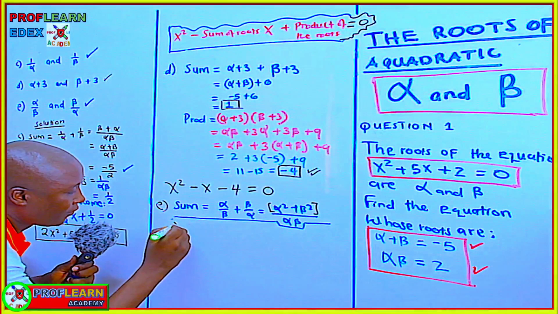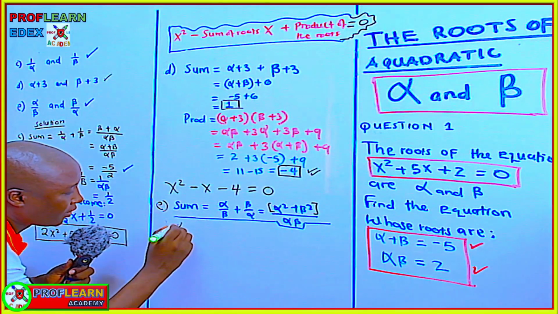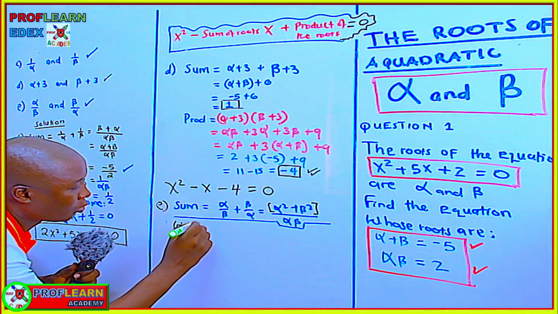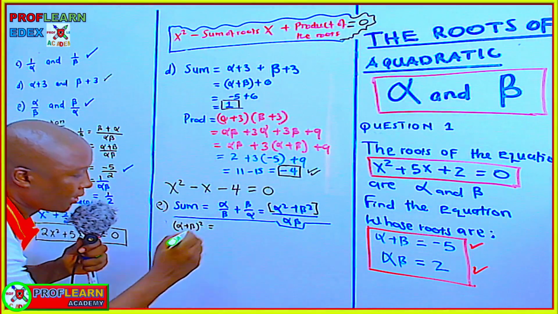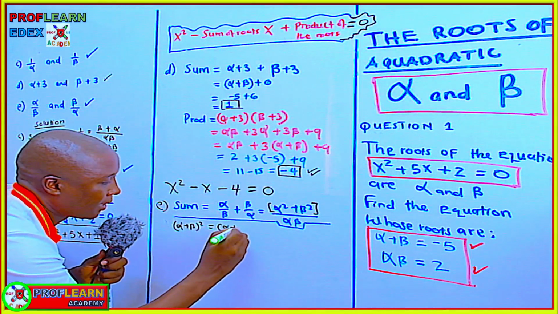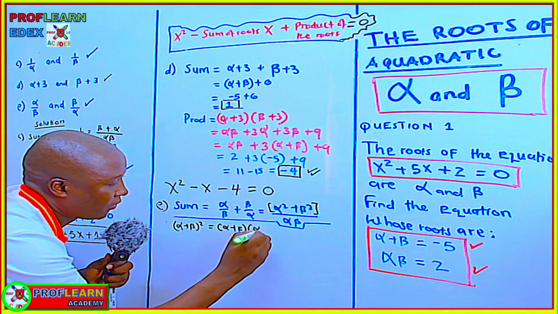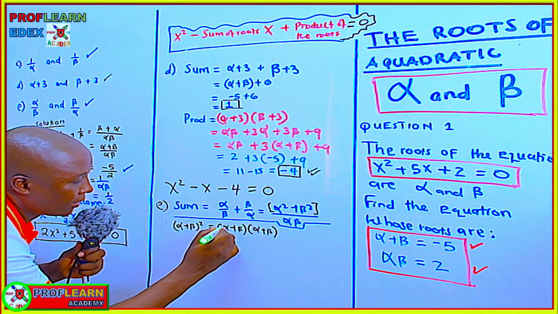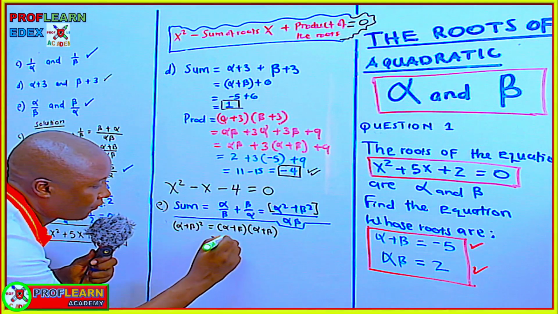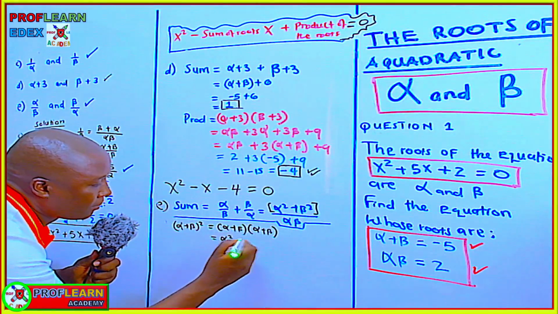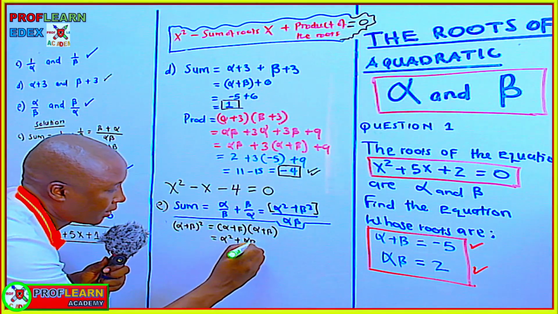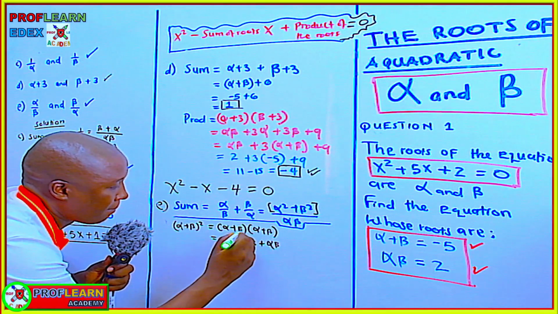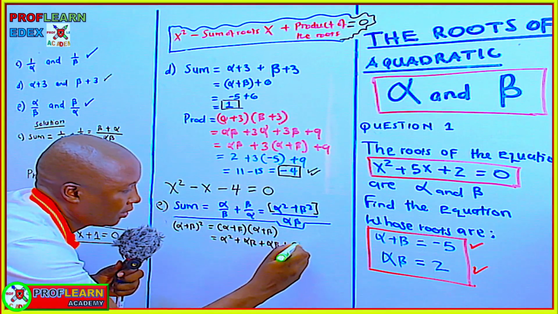Now, if you're having alpha plus beta squared, that will be what? That will be alpha plus beta times alpha plus beta, isn't it? Yes. So if you expand, alpha times alpha will be alpha squared, alpha times beta will be plus alpha beta, beta times alpha will be plus alpha beta, beta times beta will be beta squared.